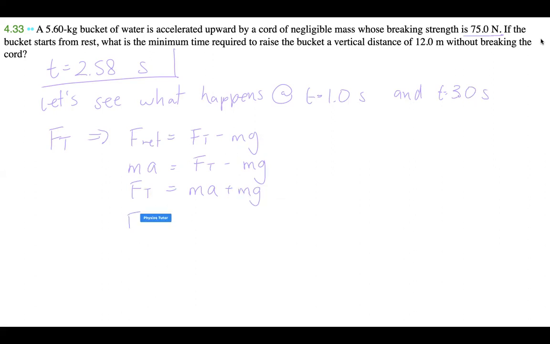And we can rewrite this as Ft equals m times (a plus g). Just double checking to make sure that this all makes sense. And yep, it does. Okay, perfect.